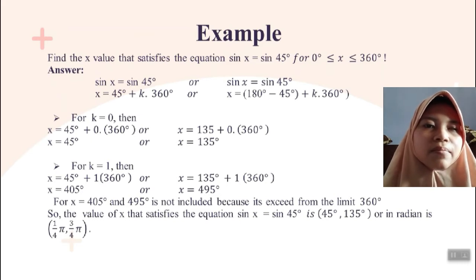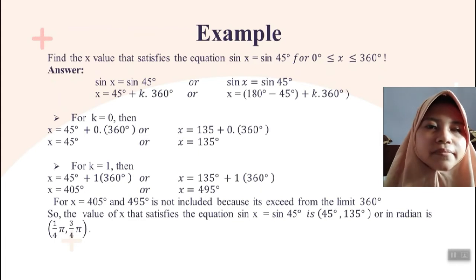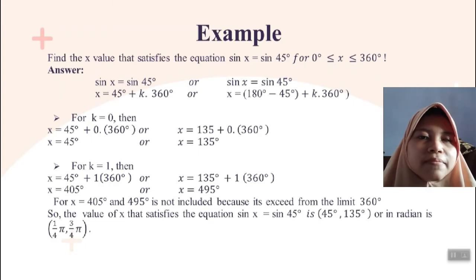For k equal to 1, then x equal to 45 degrees plus 1 multiplied by 360 degrees, or x equal to 135 degrees plus 1 multiplied by 360 degrees.